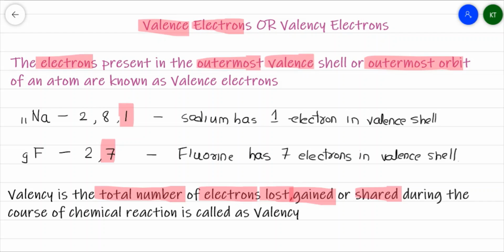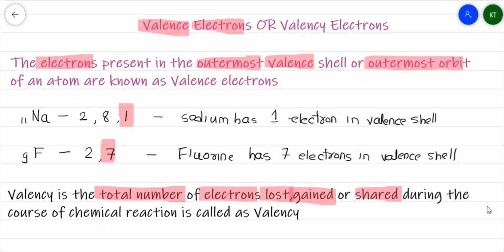That is called the valency of an atom of an element. So it's the total number of electrons which I'm losing, gaining, or sharing with someone during the course of a chemical reaction. That is called valency.